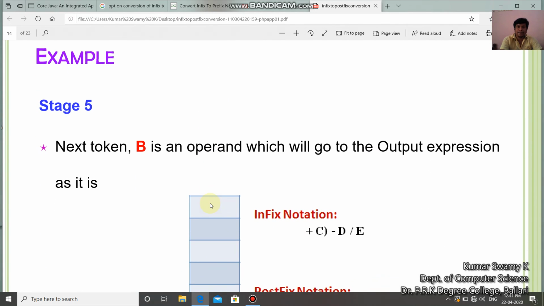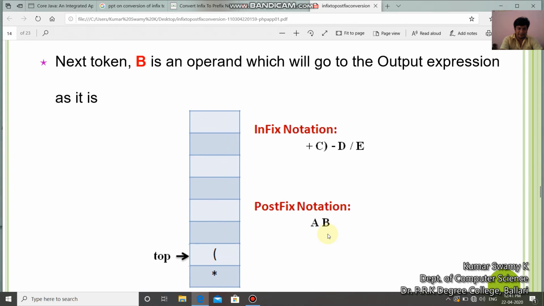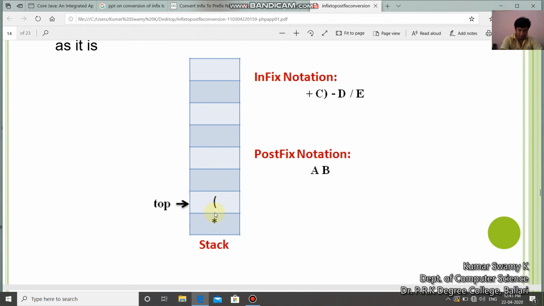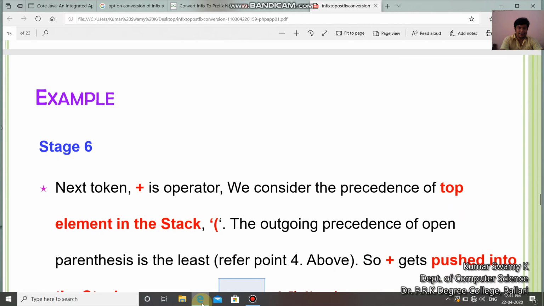Next, the token B is an operand, which goes to the output expression. It has to be appended to the postfix notation, as we have done: A, B. The top is now 1. And the next token is an operator.